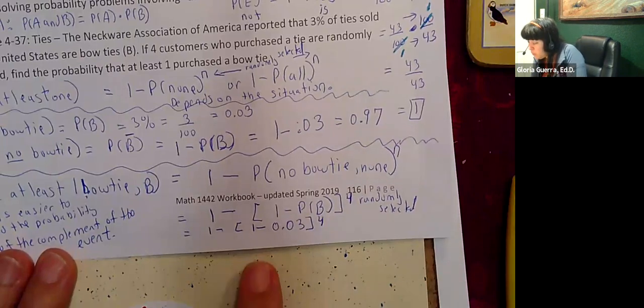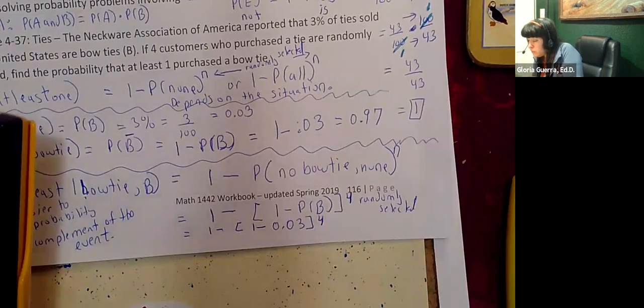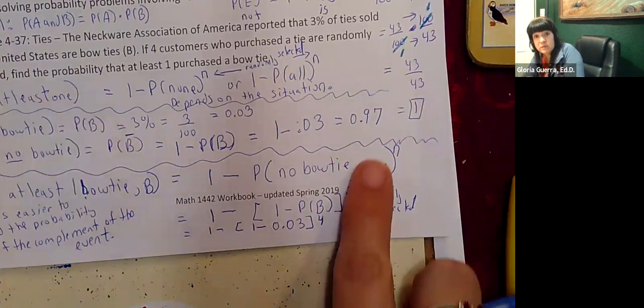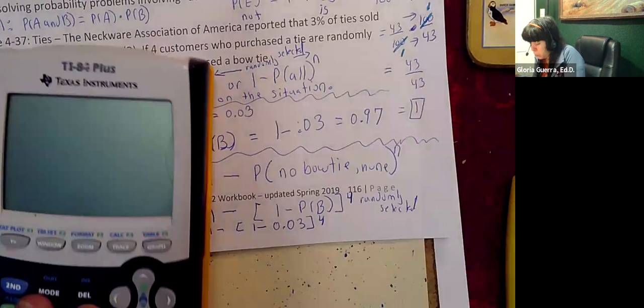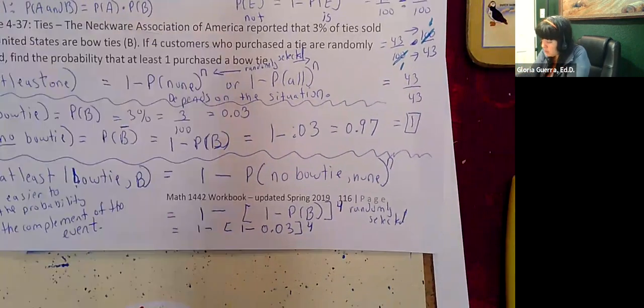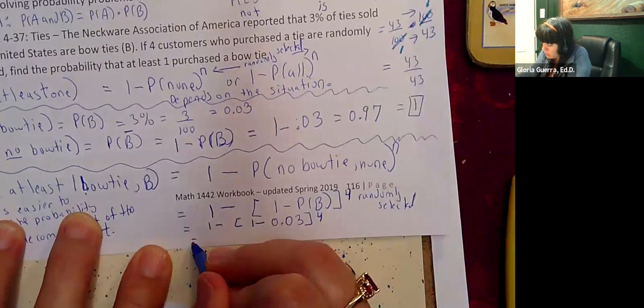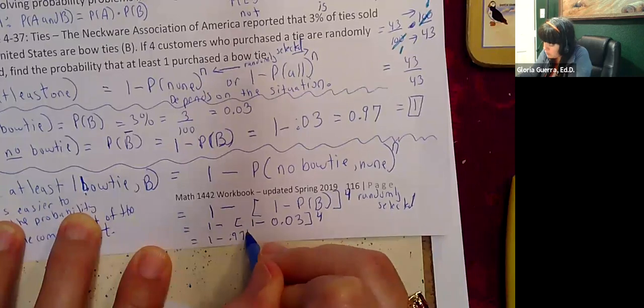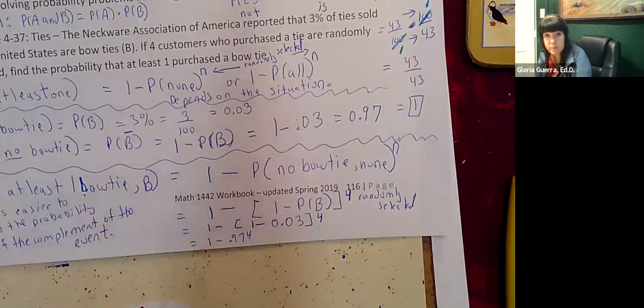Okay, so if I do 1 minus 0.03, that should give me the 0.97, right? Let me see. 0.97. So that's 1 minus 0.97 raised to the fourth power.